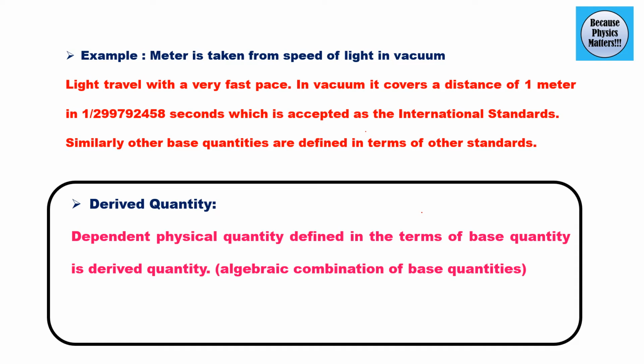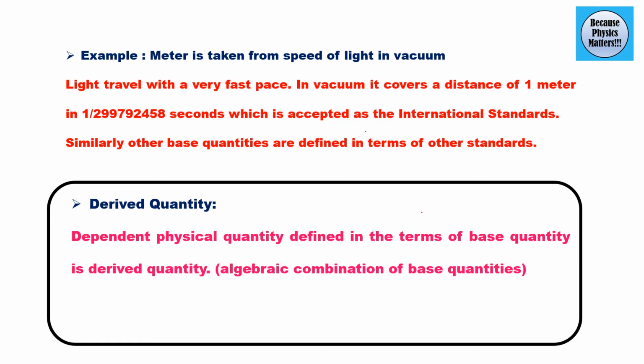Now there is another term, that is the derived quantity. As I said, there are only 7 quantities in the SI system, so then what about other things? For example, I am talking about distance. For distance, I have taken a unit in meter, or I say that distance is taken as a base quantity. Then what about speed? Because speed is also a physical phenomenon, and speed must also be decided by some units or some quantity.